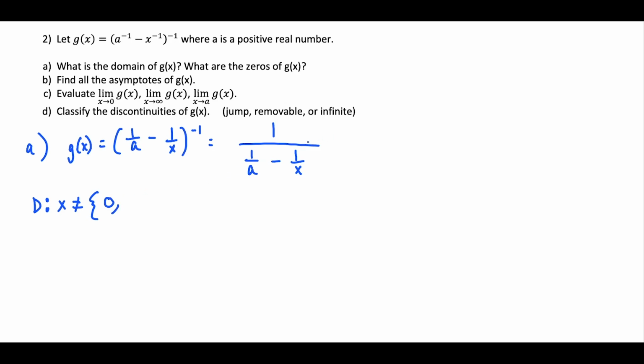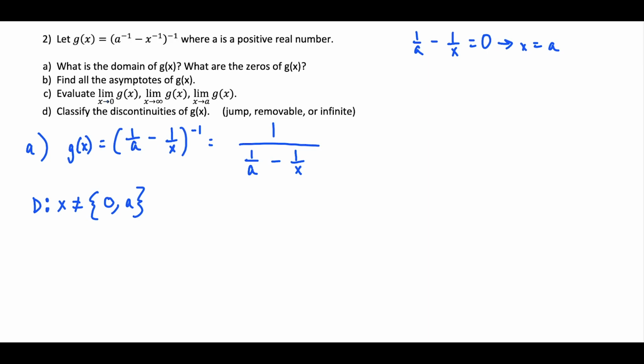Now another one that's not as obvious is when the entire denominator, 1 over a minus 1 over x, is equal to 0. This is also a problem for us, and this is going to be true when x is equal to a. Then you're going to have 1 over a minus 1 over a equals 0. So the domain is all real numbers except 0 and a, where once again a is a positive real number.